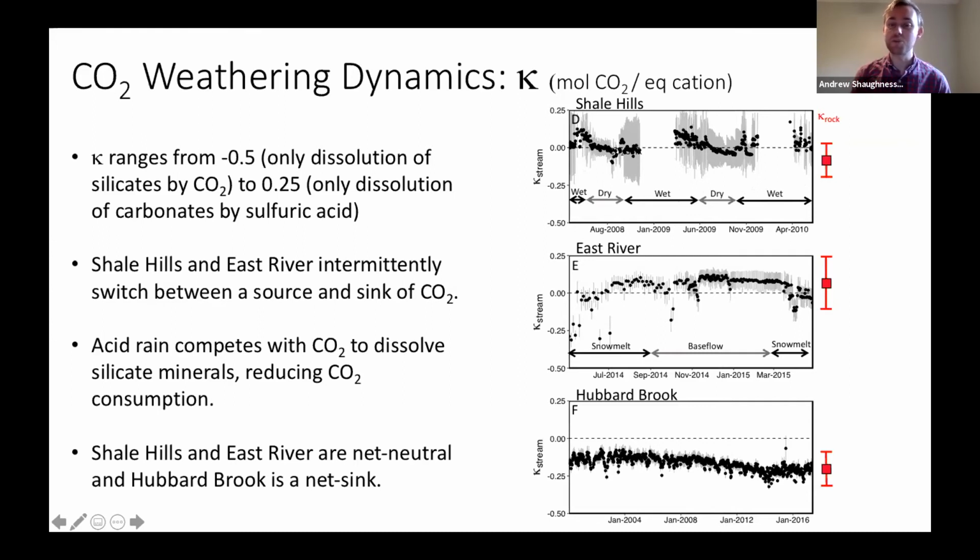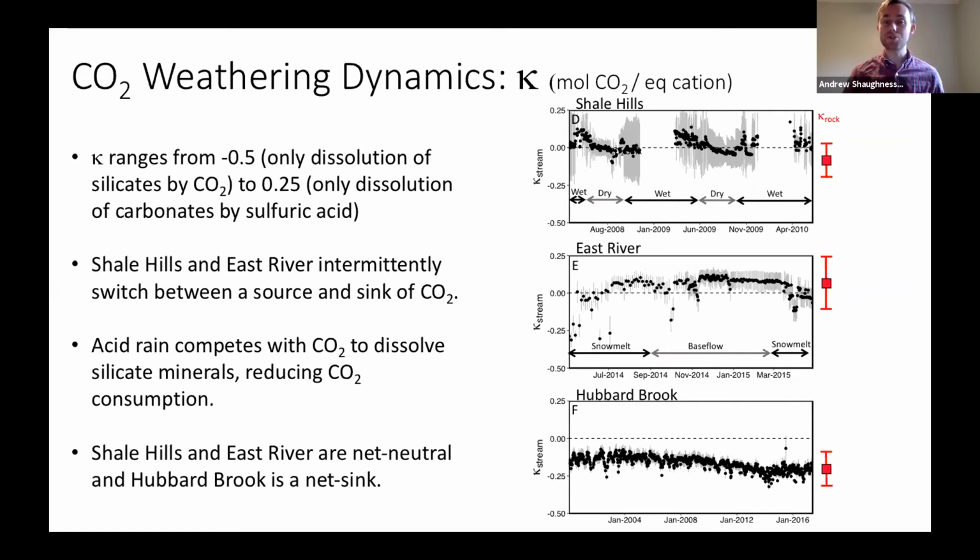One thing to note, though, is that if you look at the time series for Hubbard Brook, the values lie above the range of what we think of as the long-term sequestration capacity as recorded in the rock and weathering profile, which is shown here on the margin. That is also shown for Shale Hills, where oftentimes the values are above what's recorded in the rock. One reason why that might be the case is that when we look at the rock, we're not considering acid rain deposition.